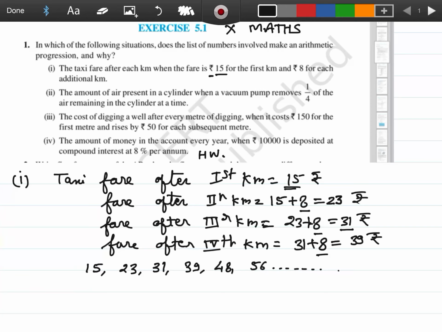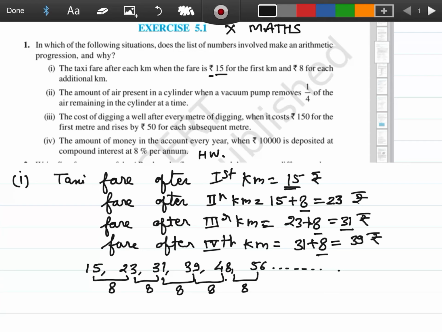You can see this sequence is in AP because the difference between two consecutive terms is rupees 8. The difference between every pair of consecutive terms is 8. So this is an AP.